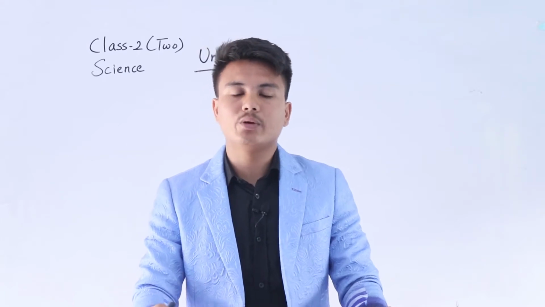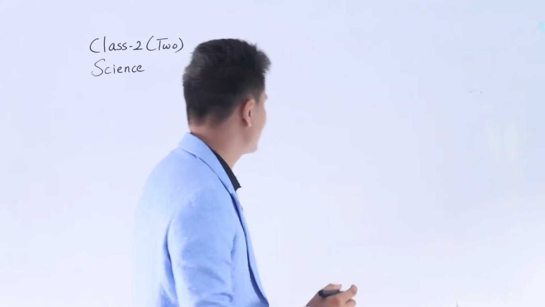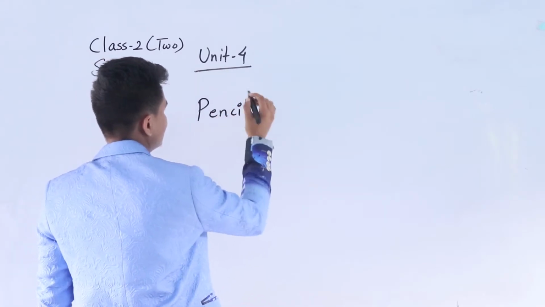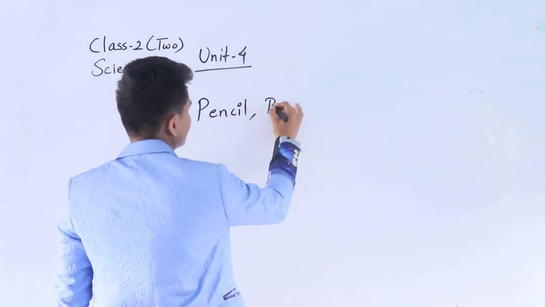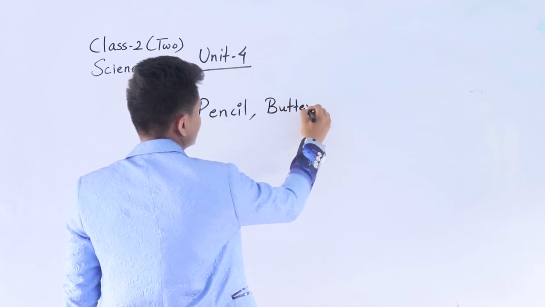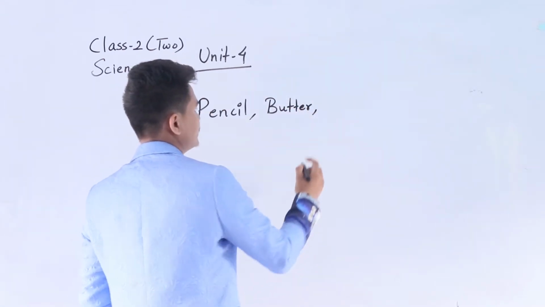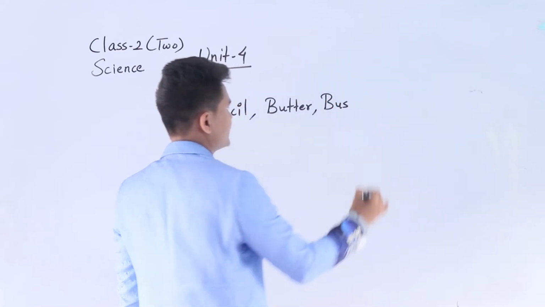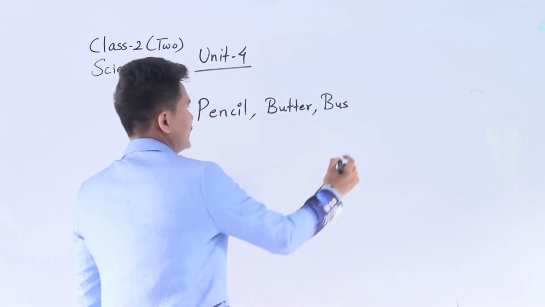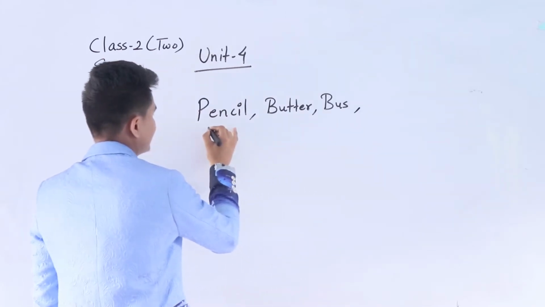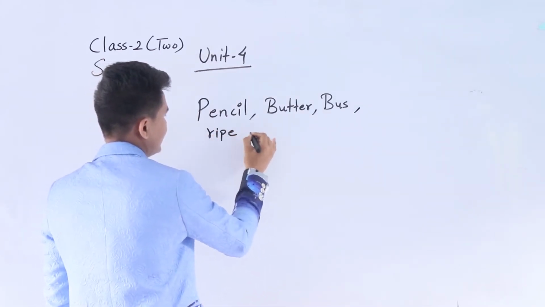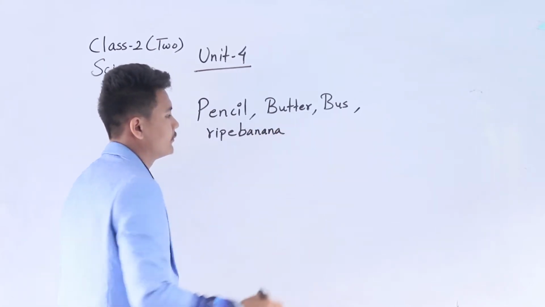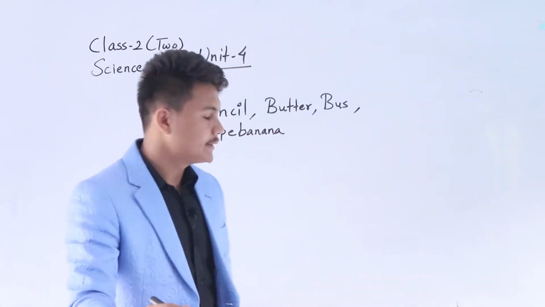So I would like to give some examples of hard and soft things. You have to determine whether each is hard or soft. Pencil, butter, bus, ripe banana, another example is table.